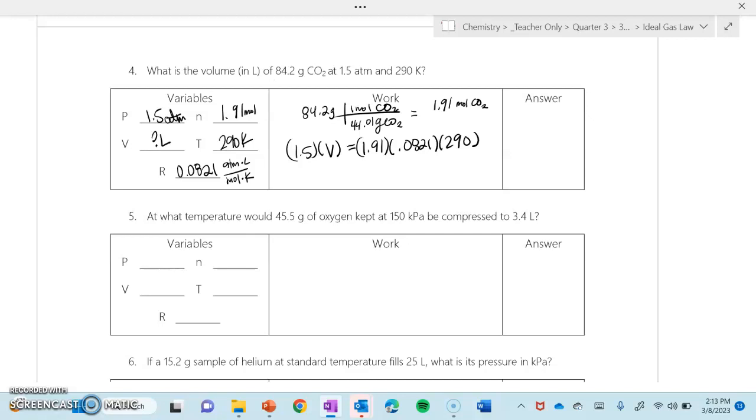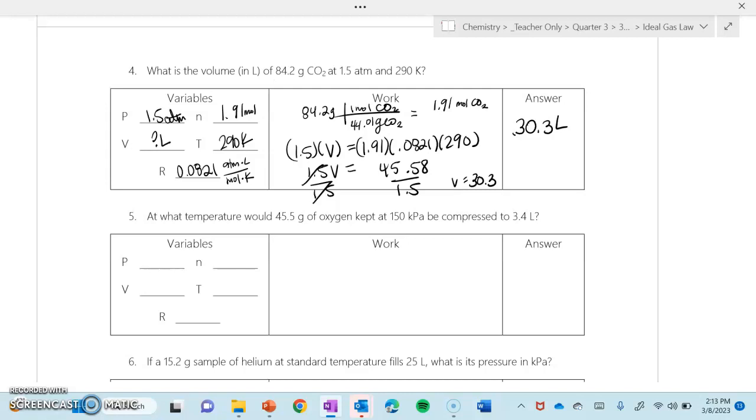So it looks like we got 1.5 V equals 45.58. Let's solve for V by dividing, and our V is 30.3. So there's 30.3 liters of carbon dioxide.